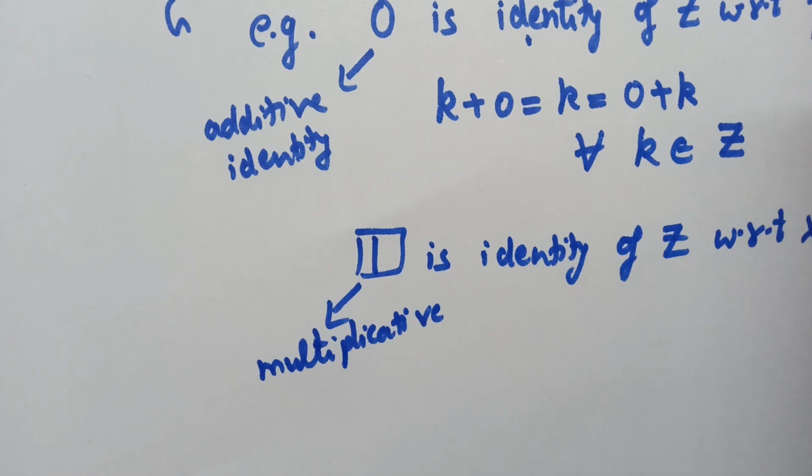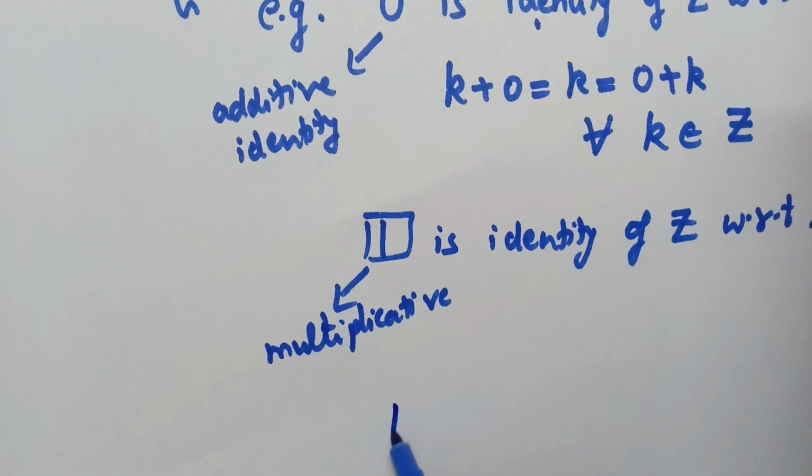Also, it is not necessary that a given set will always have an identity element with respect to the given binary operation. For example, if we consider the set of natural numbers, then with respect to addition, there is no identity element, but 1 is multiplicative identity of the set of natural numbers. Followed?